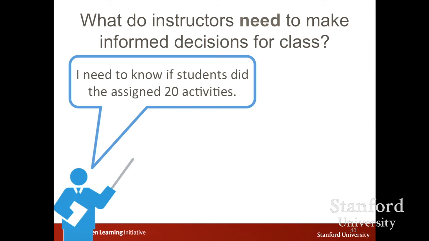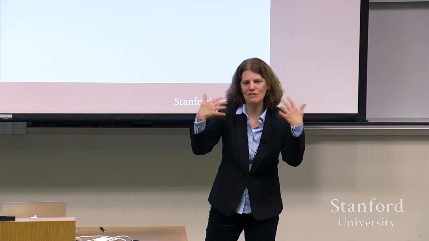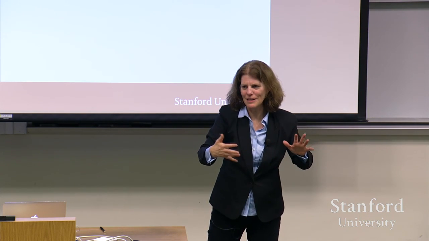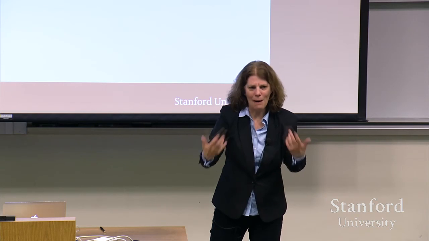They were just clicking in to find out what they wanted to know, which is, I assigned 20 problems, how many problems did the students do? So we were trying to come up with a different visual representation that would support the behavior they currently have, but drive them towards different behavior, which is using evidence of student knowledge to inform their decision making instead of just their old measures, which are, how did you do what I told you to do?